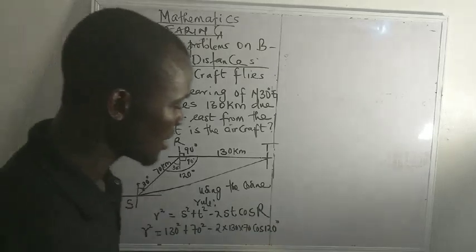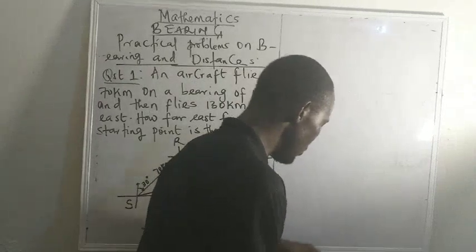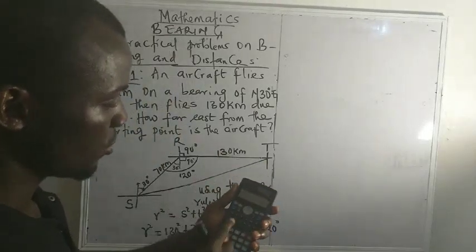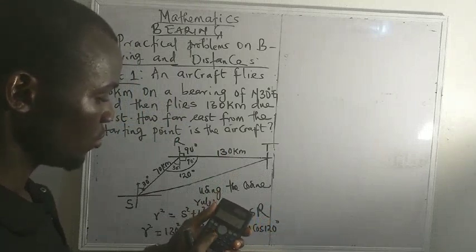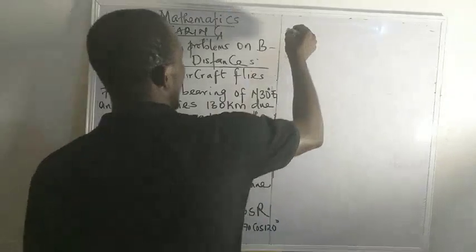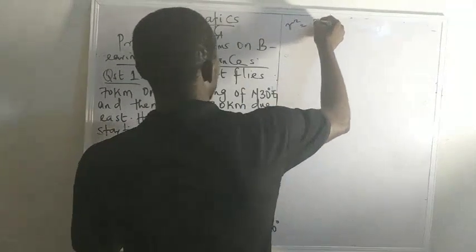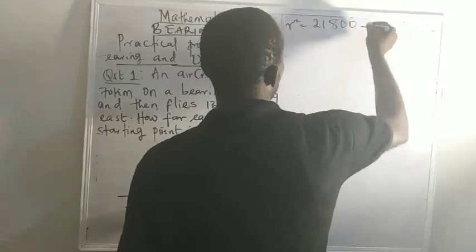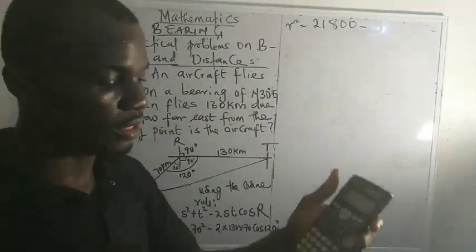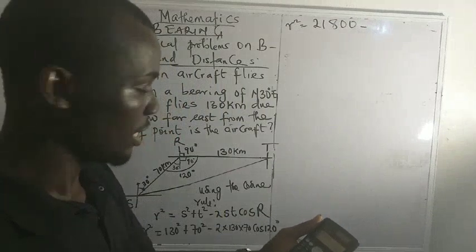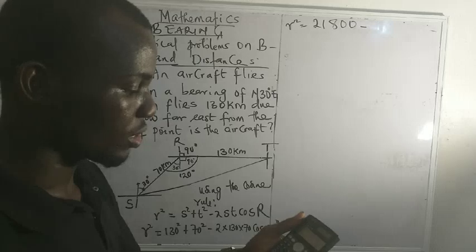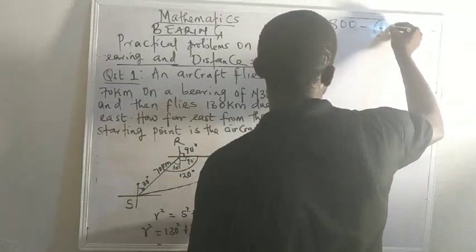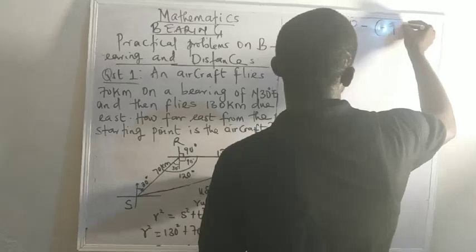Now you need to grab your calculator and then work it. So I'm going to do these two at once. 130 squared plus 70 squared, that gives us what? So our r squared here equals 21,800 minus, I want to do the other one together. 2 times 130 times 70 cos 120, that is minus 9,100.